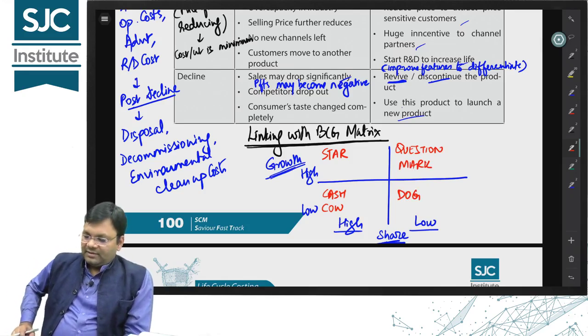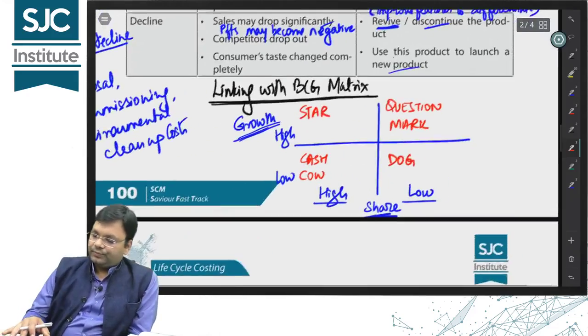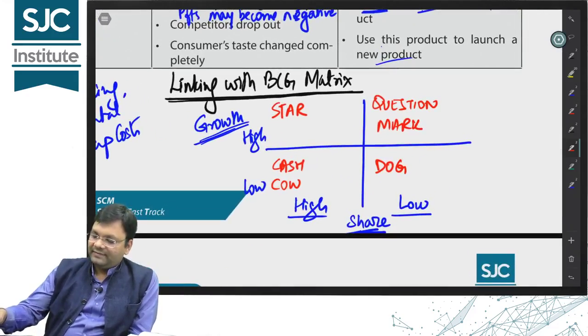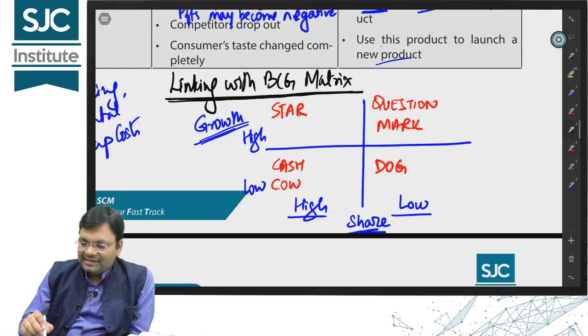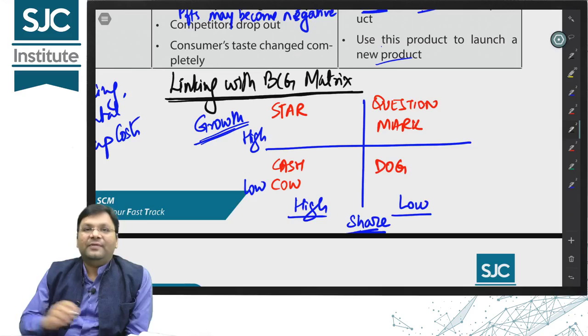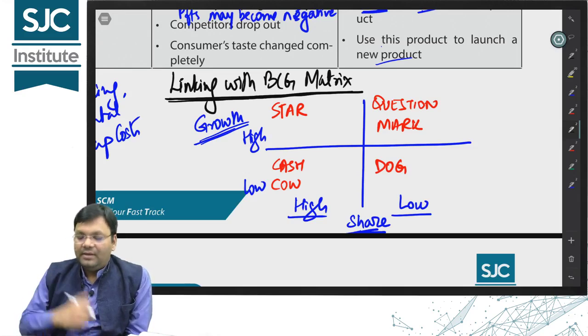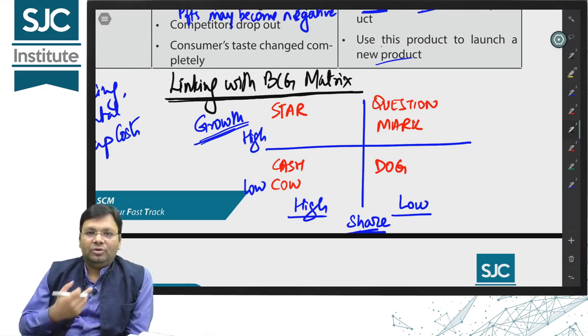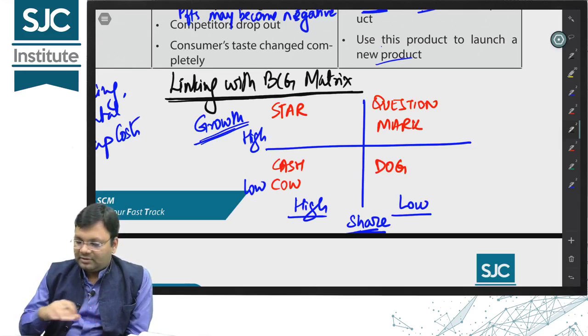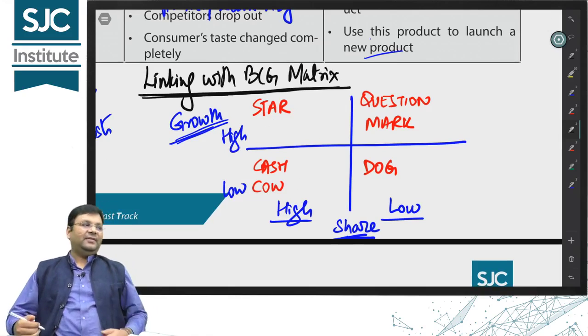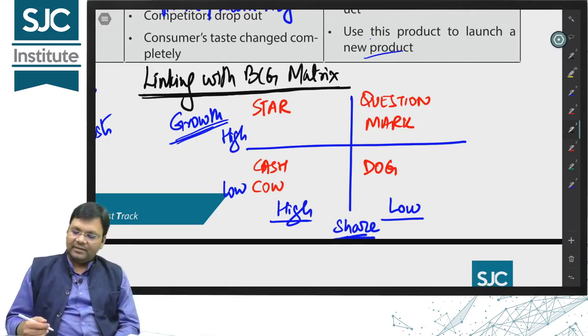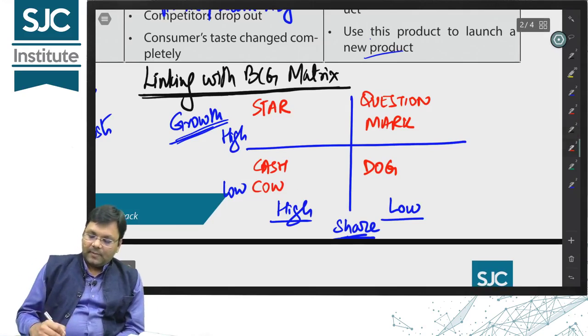So now my question is, if I ask you to relate product life cycle over here, which cell name goes with which stage of life cycle? Like star will be introduction or growth or maturity or decline. Can you think of which cell here is linked to which stage of life cycle? Can you give me any answer? I'll help you with the first one, which is very easy.